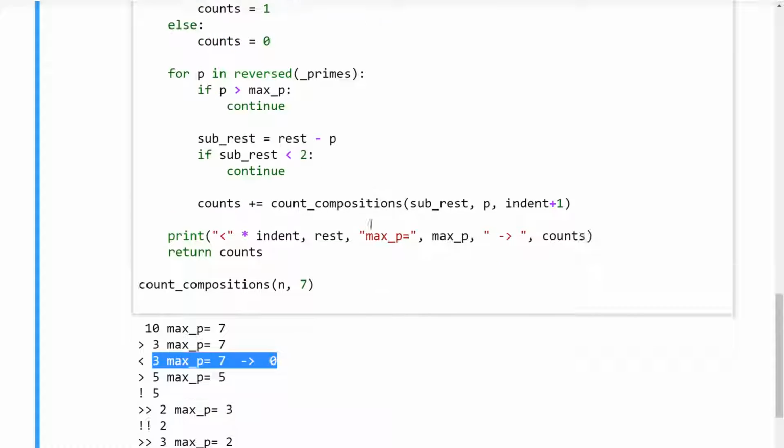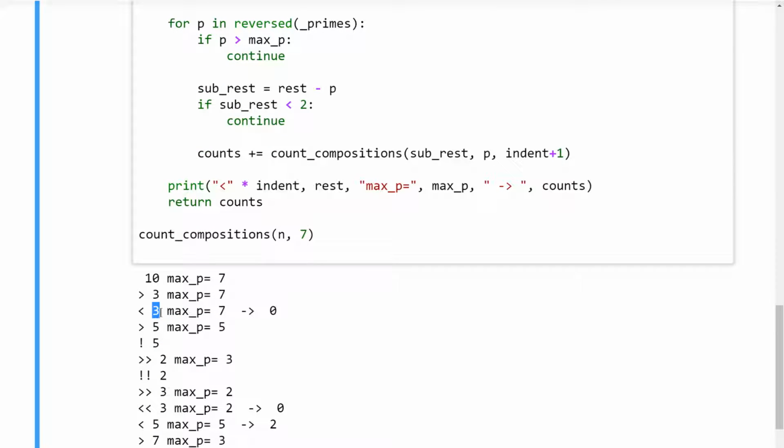Which one? Oh, when rest is equal to 3, it's counting 0. It should be counting at least 1, if rest equal 3, as we did for 2.